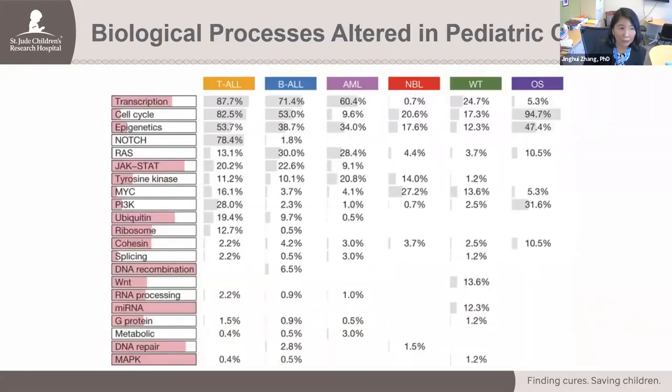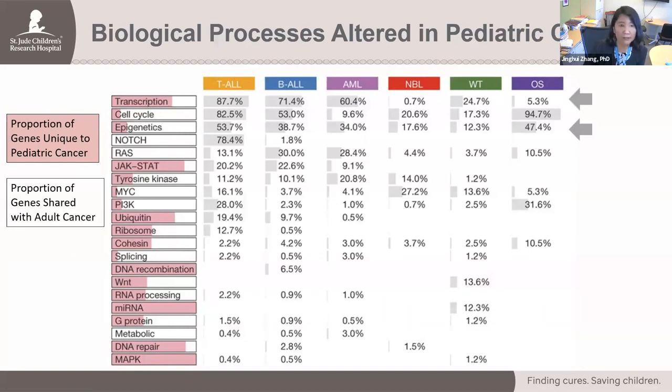So when we look into the biological processes that are altered in these 6 subtypes of pediatric cancer, this is a map that shows the processes on the y-axis and the different cancer subtypes on the x-axis. And we also mapped the proportion of the genes unique to pediatric cancer in these colors.